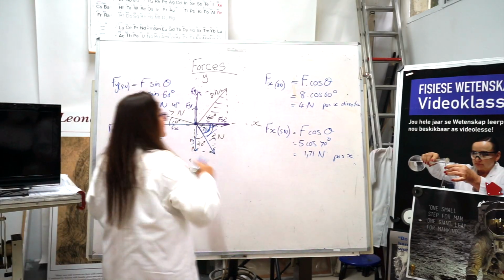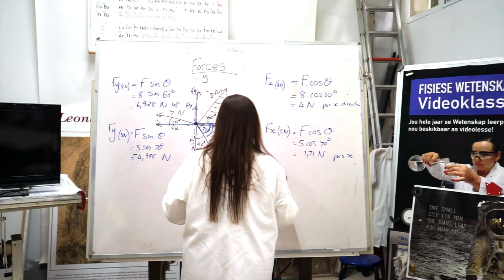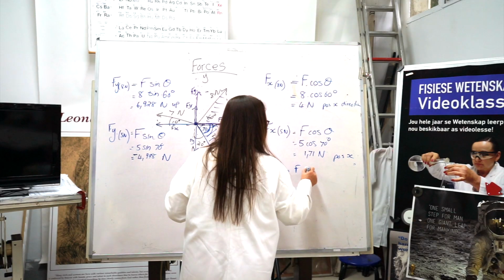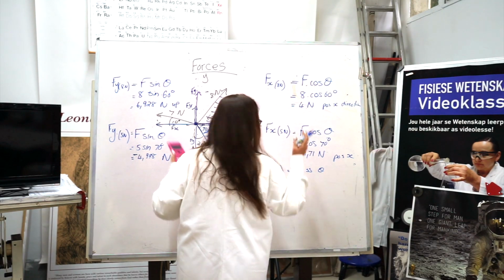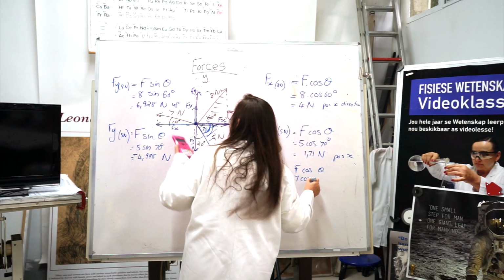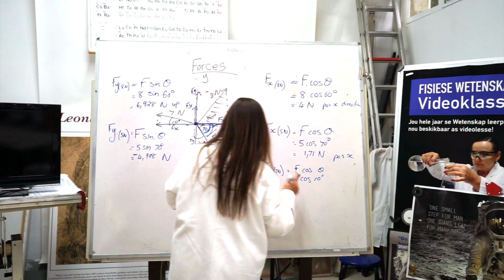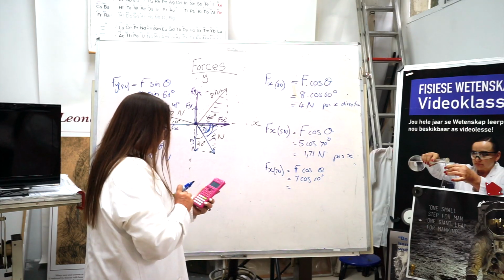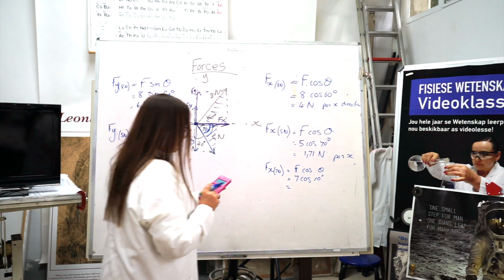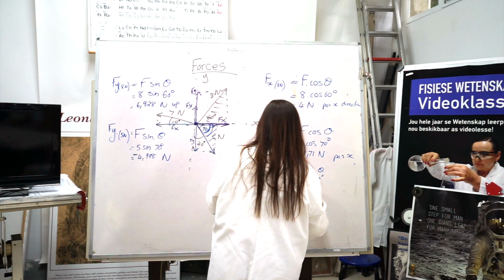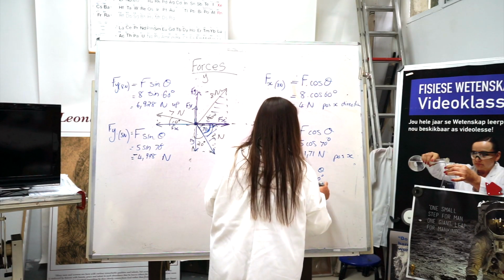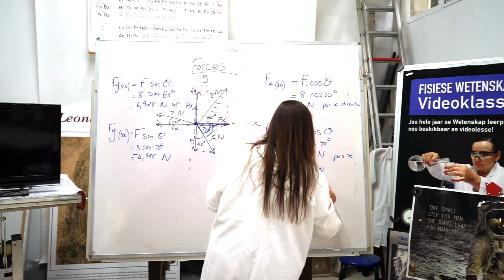Okay, now for the last one, so we're going to say Fx, for which one? It's the 7 Newton one. So it's F cos theta again. So we keep all the ones that are similar underneath each other. So it's 7 cos, in that case 10 degrees. So that's an easy sum. 7 times cos 10 gives me 6.893 Newton.